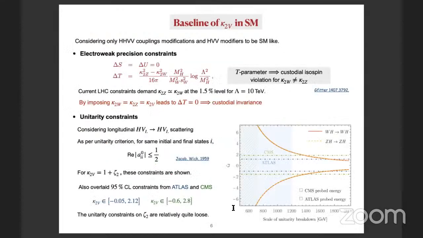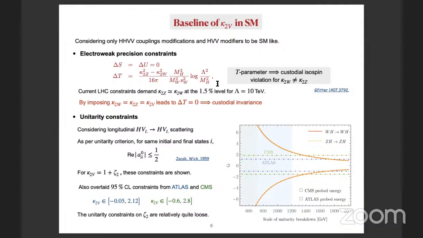First of all, we'll discuss the effect of modifying these couplings in the theoretical framework of the standard model. Generally in experiments, when such couplings are studied, you modify one coupling while keeping the other couplings standard model consistent. So we'll only consider the modification in the HHVV coupling, and we will keep the HVV modifier standard model like, that is, equal to 1.